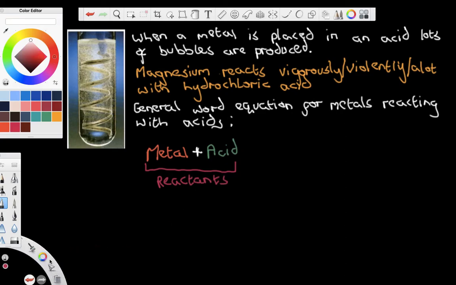We then add an arrow. Remember, we never use an equal sign, we always add an arrow. And this will always make what's known as a salt and a hydrogen gas.